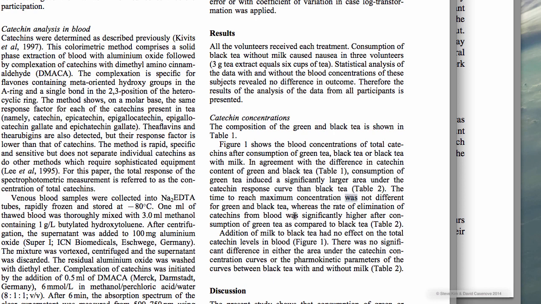Okay, the rate of elimination of catechins from blood was significantly higher. Okay, addition of milk to black tea had no effect. There was no significant difference. On the other hand, present tense is used when you're talking about a table or a figure like this. Figure 1 shows the blood concentration, or the composition of green and black tea is shown in table 1.